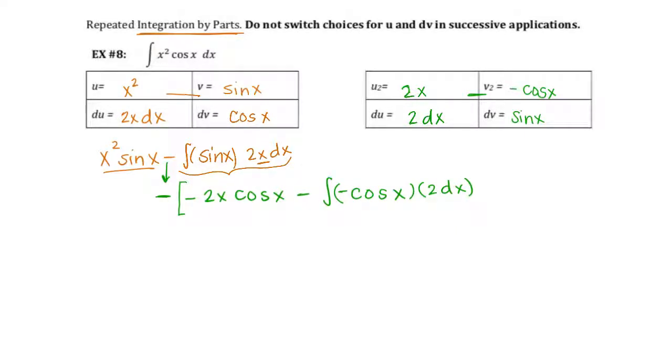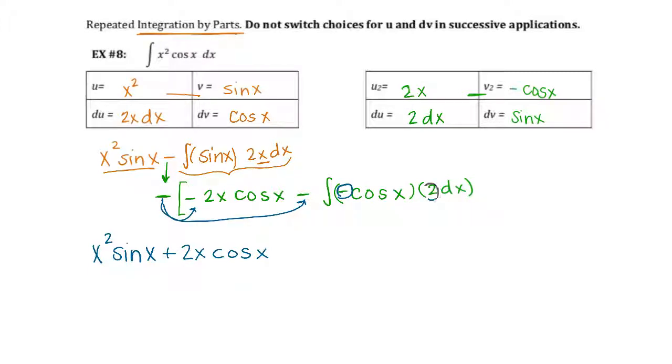So this problem is ginormous. Let's go ahead and bring down all of our parts. We have x squared sine x from the very beginning. I'm going to distribute that negative, so that's going to be positive 2x cosine x. Now notice I will distribute the negative here, which makes it a positive.